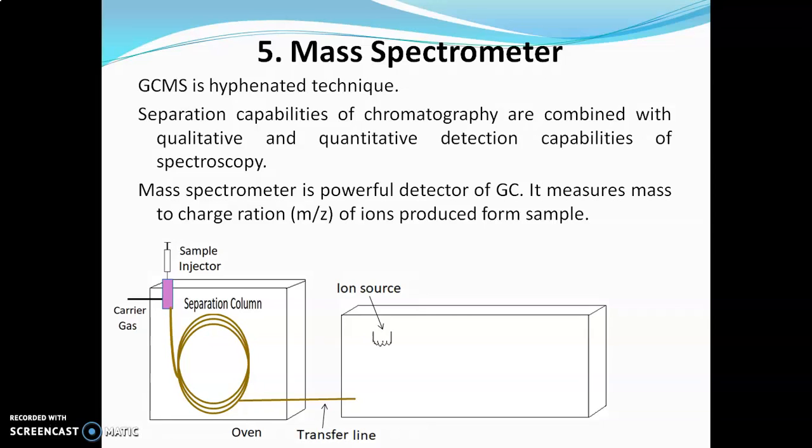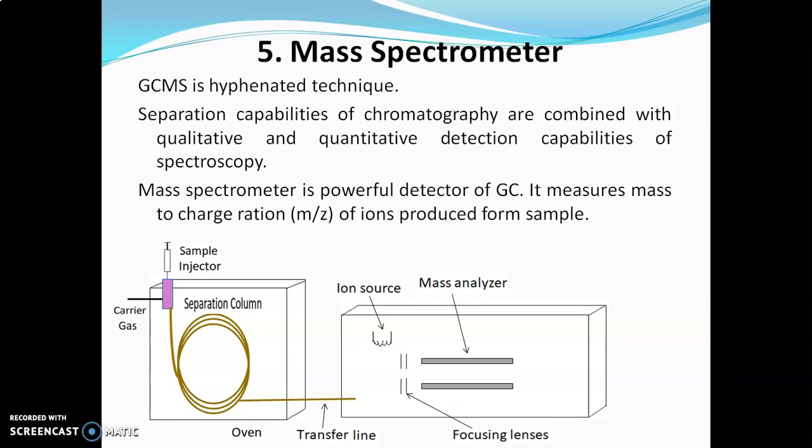The solute molecules will get ionized in this chamber and they will convert into positively charged ions. Now these are the focusing lenses which will focus these positively charged ions. These positively charged ions will then enter into the mass analyzer.